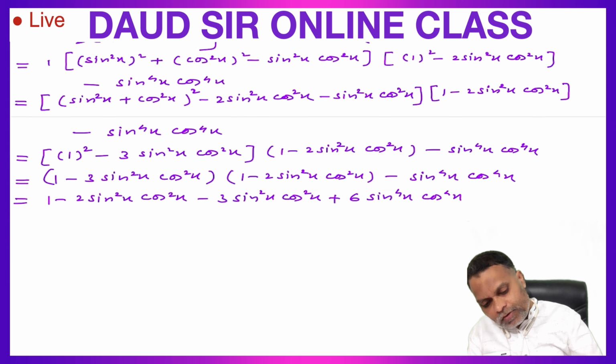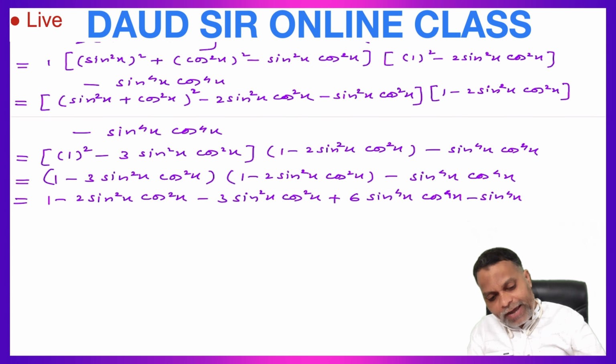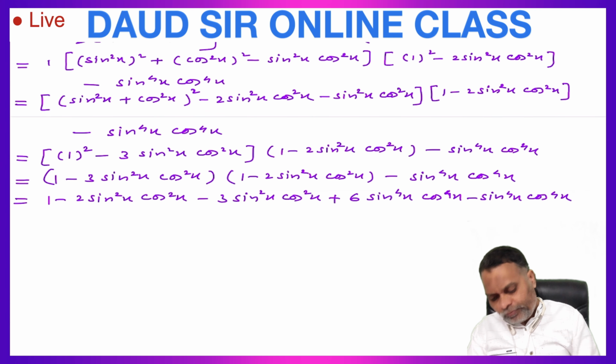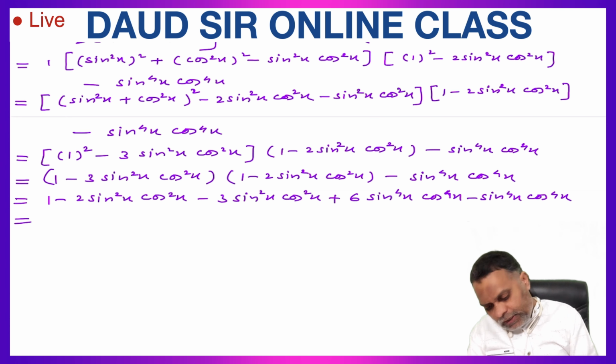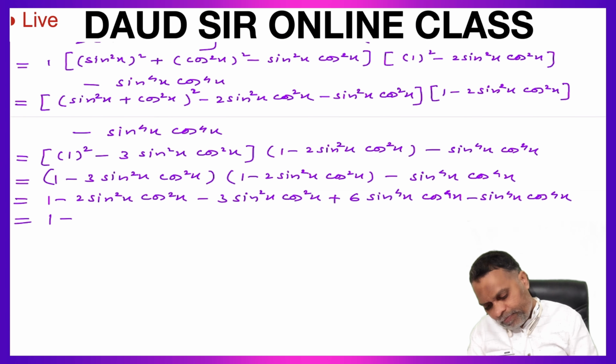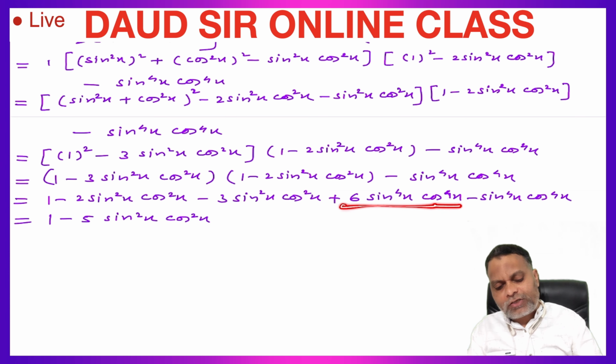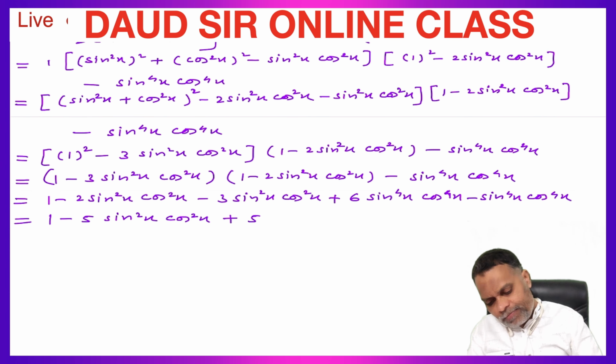Power will be added. Sin raised to the power 4x into cos raised to the power 4x, minus sin raised to the power 4x into cos raised to the power 4x, which is equal to, this is 1 minus 2 sin square x cos square x minus 3 sin square x cos square x, minus 5 sin square x into cos square x, and these two terms, 6 sin raised to 4x cos raised to 4x minus sin raised to 4x cos raised to 4x, plus 5 sin raised to the power 4x into cos raised to the power 4x.